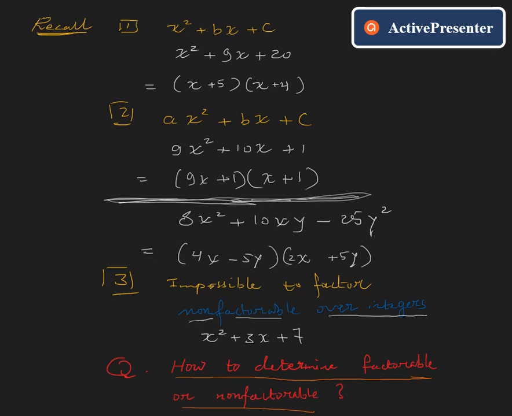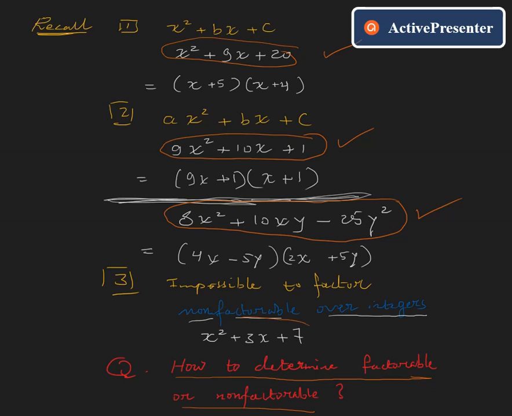We know this was a factorable trinomial because we factored it. Also this one is factorable because we factored it, and this one is a factorable trinomial because we factored it. However, this trinomial is non-factorable over integers.